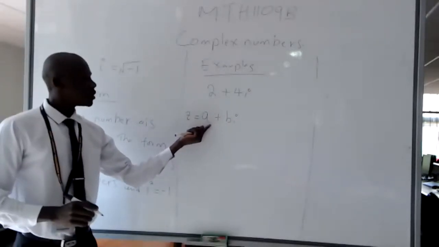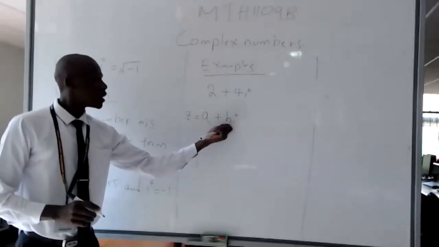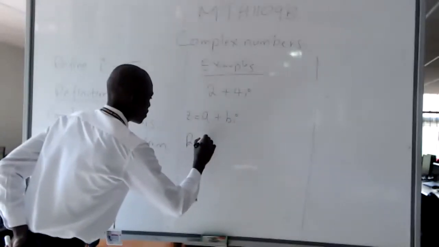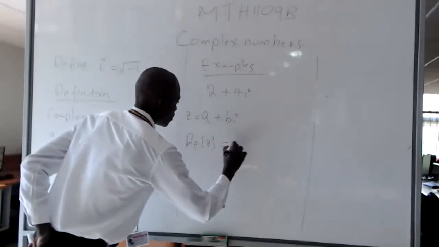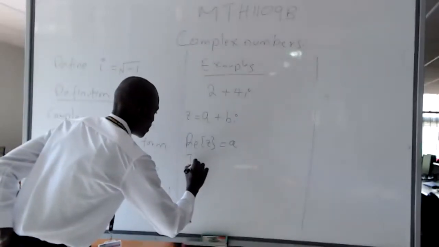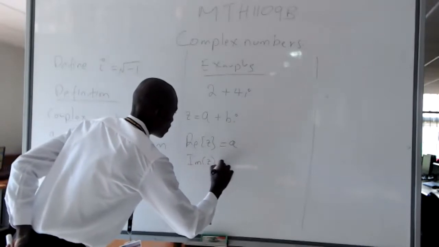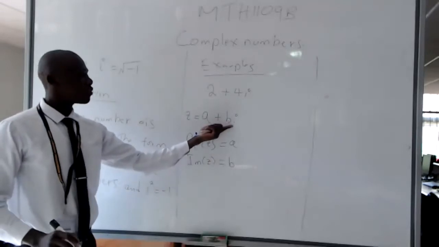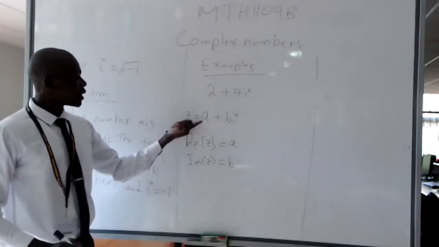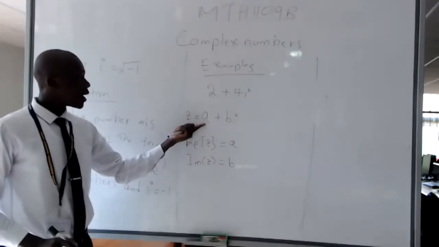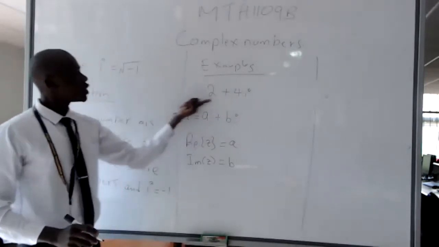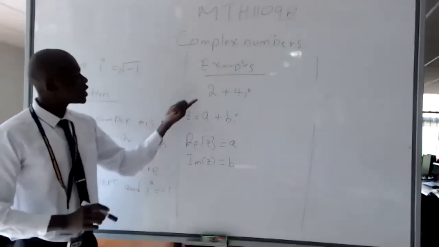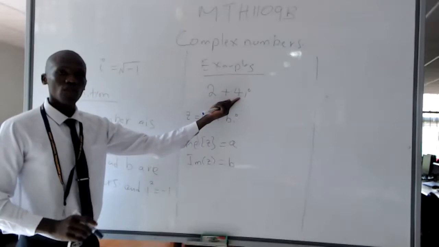The real part is the part without i, and the imaginary part is the coefficient of i. So we say that the real part of z is a, and the imaginary part of z is b. For example, the real part of the complex number 2 plus 4i is 2, and the imaginary part is 4.